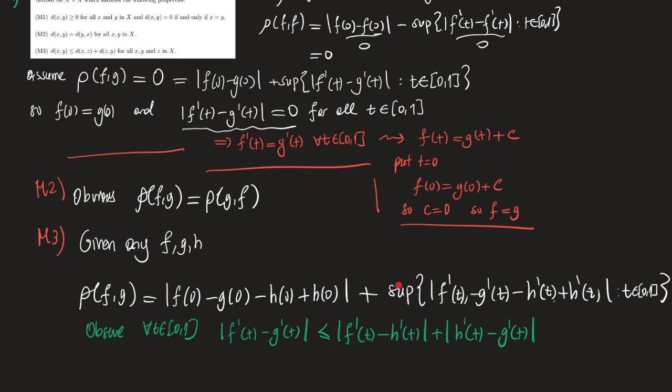Since supremums are the least upper bounds, they should be preserved under this inequality. I know this is a bit tedious, but I want to give the full proof in full detail. So the supremum is less or equal to the supremum of f'(t)... I'm just going to write what I verbally explained already.